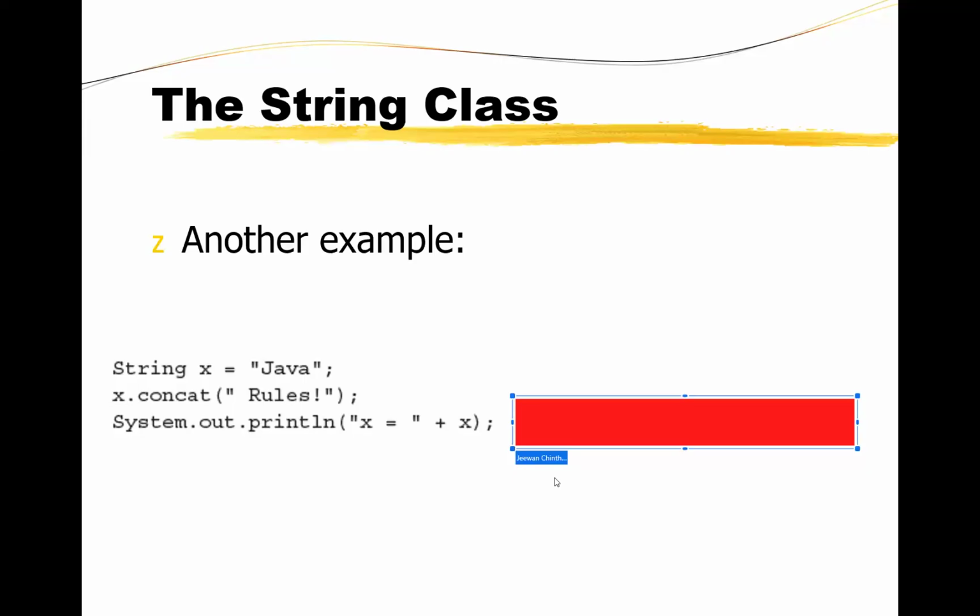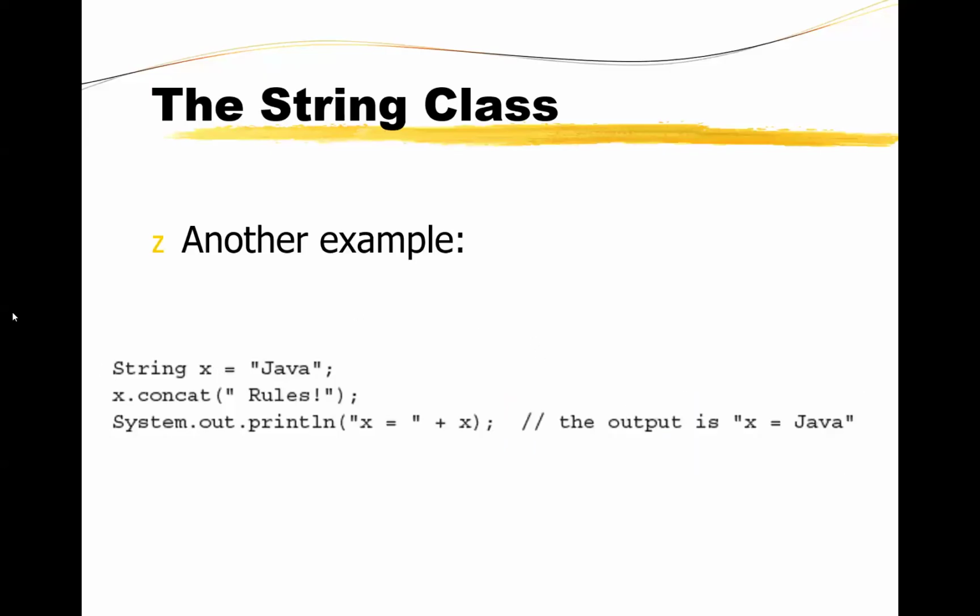Now why is it? What happens here is, when you do this first, variable x will create an object and refer to the object Java.